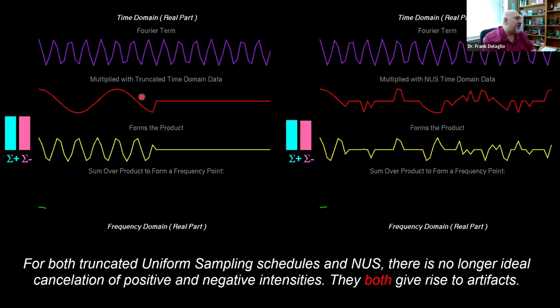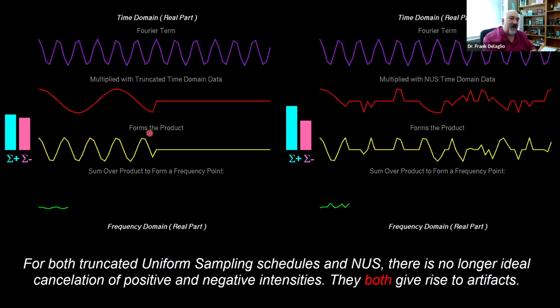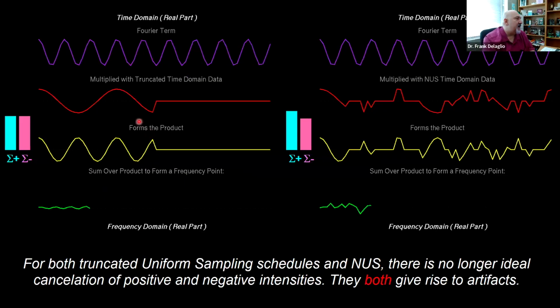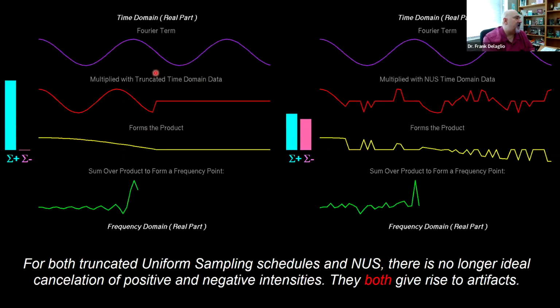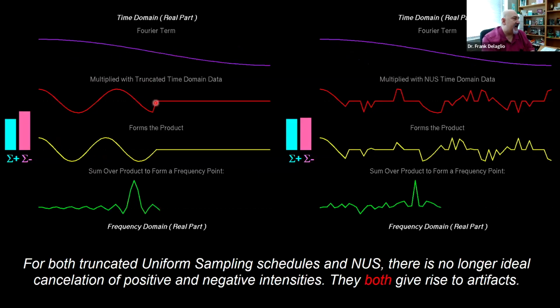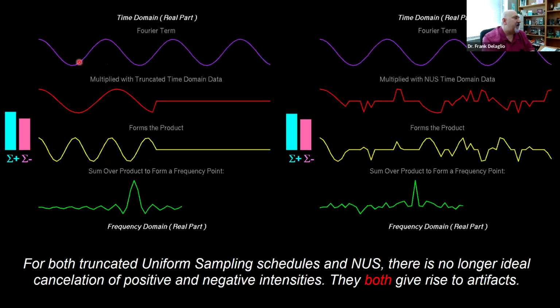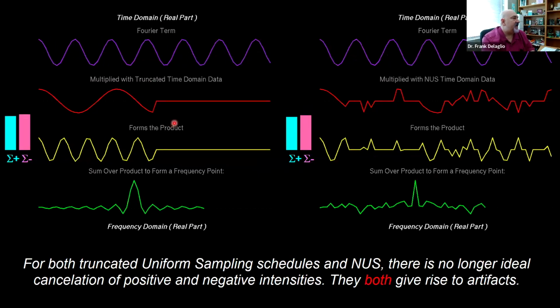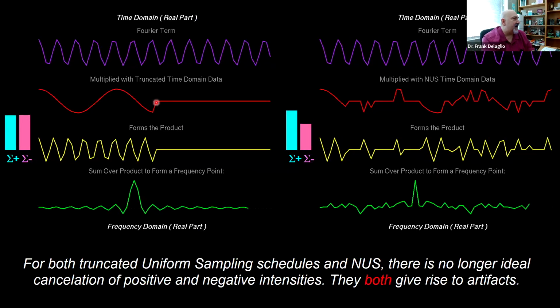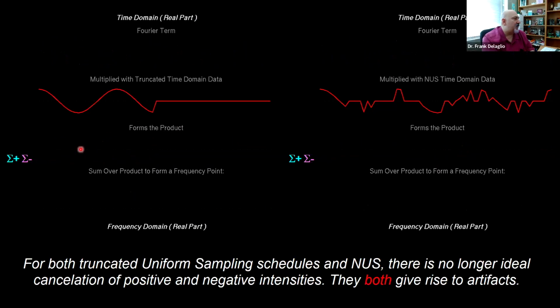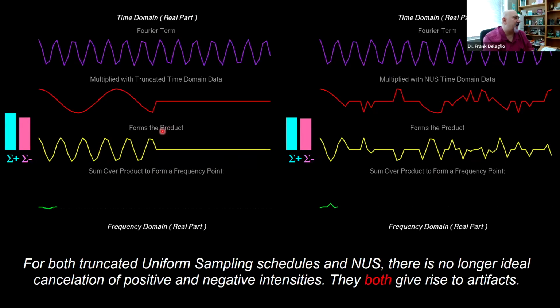But in practice, of course, we can only measure data over a limited amount of time. So in the typical indirect dimension of a multidimensional experiment, we have truncated data. When we try to Fourier transform truncated data, we multiply our Fourier term by our truncated data, and that forms a product which is also truncated.